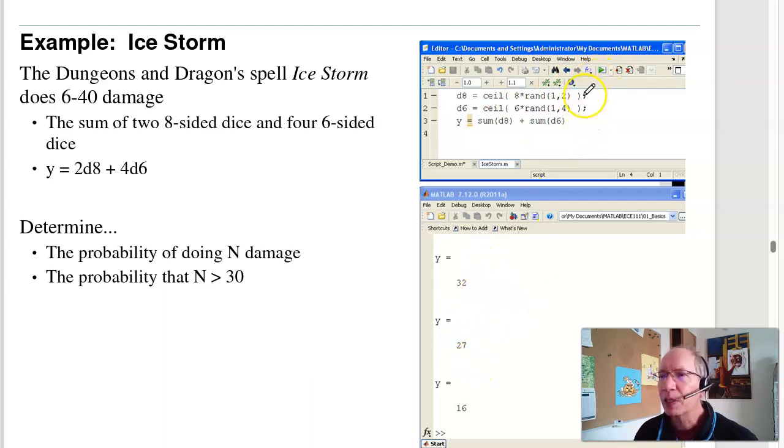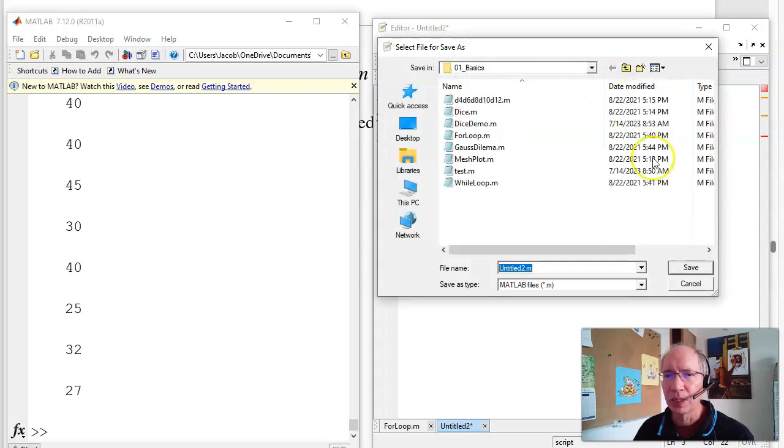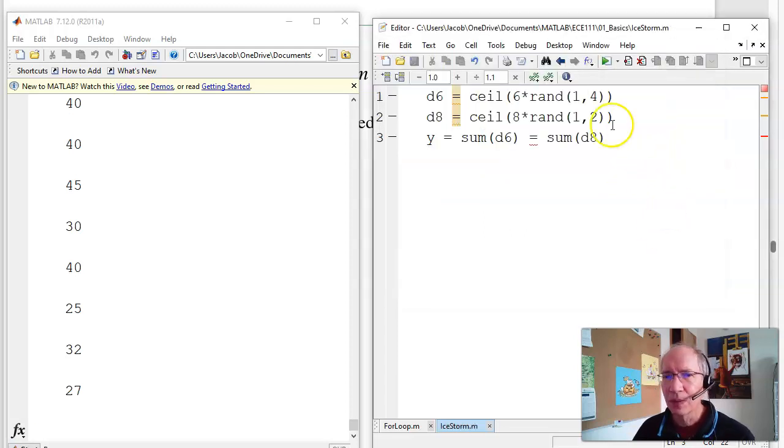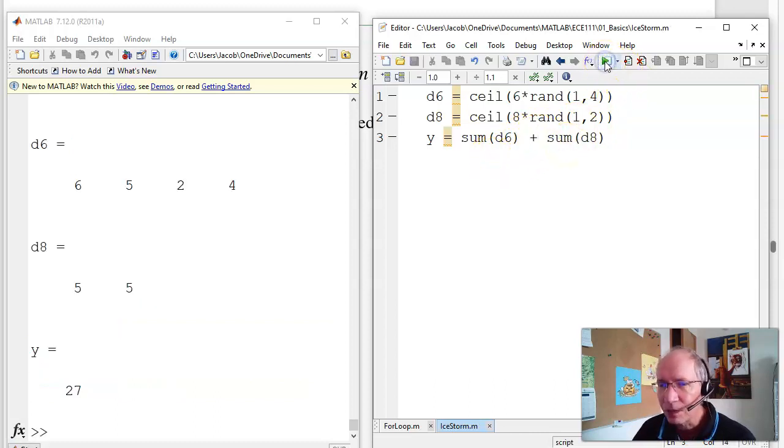And actually what I would do is, first time I run the code, take out the semicolons, like so, and run the code. So if I run this code, it says I have an error. Fix the error, run the code.